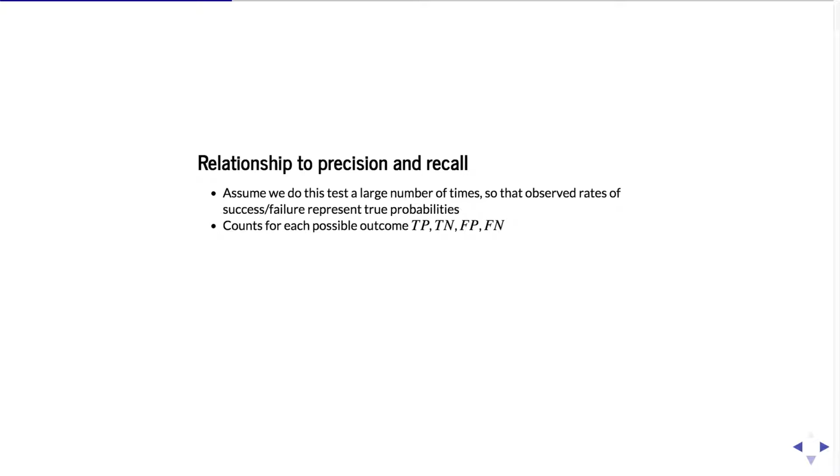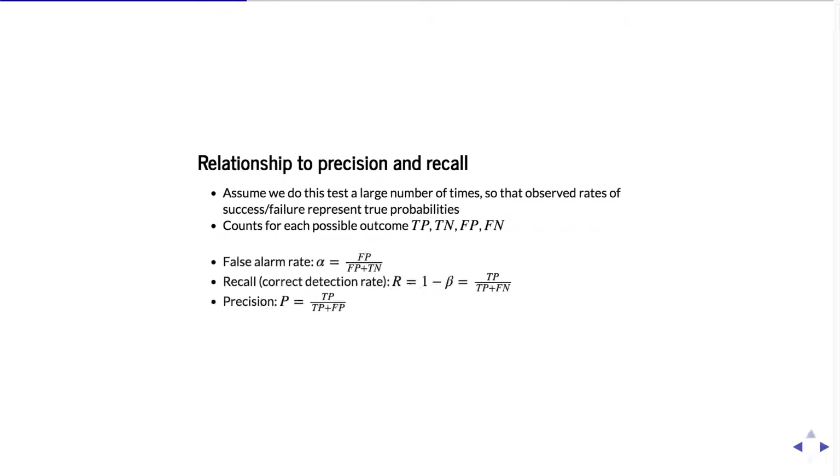So if we do this a large number of times, that's when the empirical probabilities that we see correspond to the probabilities that they're talking about here. If we have counts of true positives, true negatives, false positives, and false negatives, this is when you can compute an empirical false alarm rate and an empirical correct detection rate.